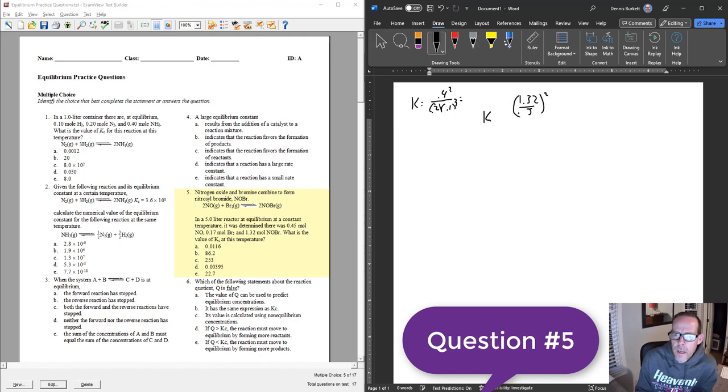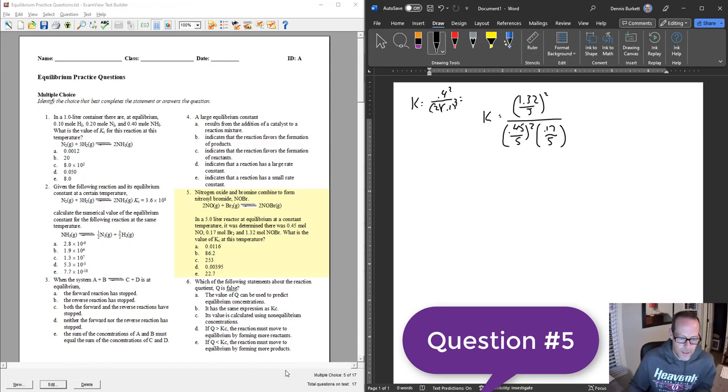So again, this is my K equals. And then I can have 0.45 over 5 squared. And lastly, 0.17 over 5.